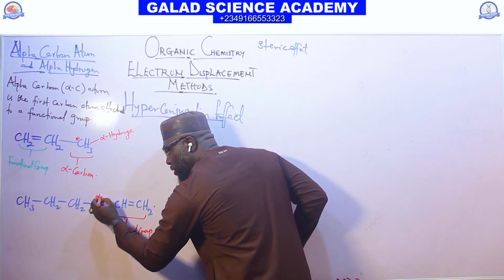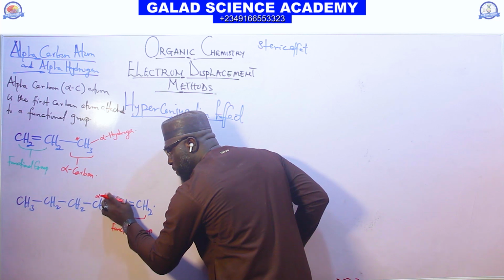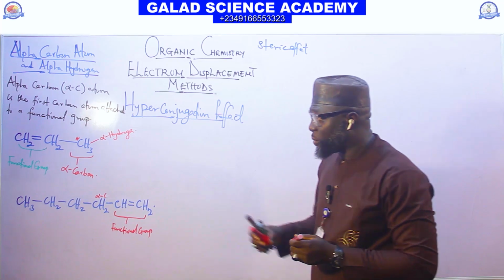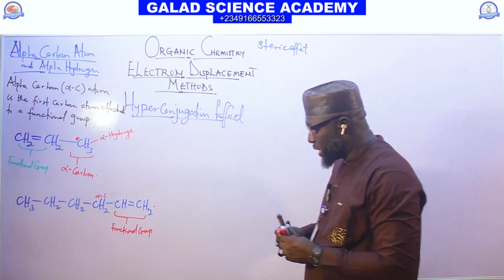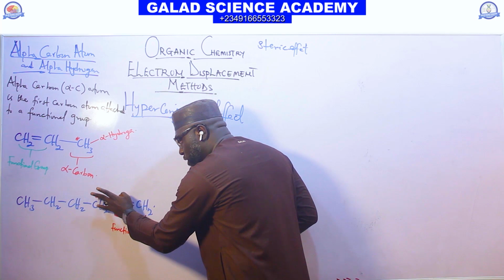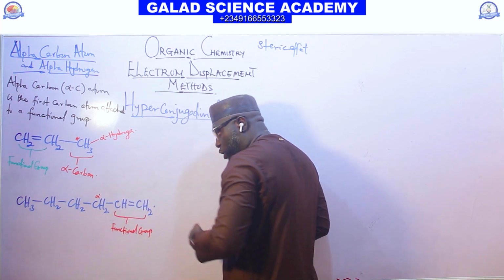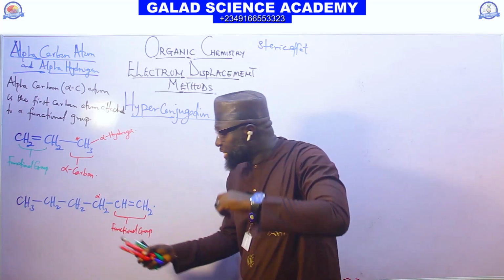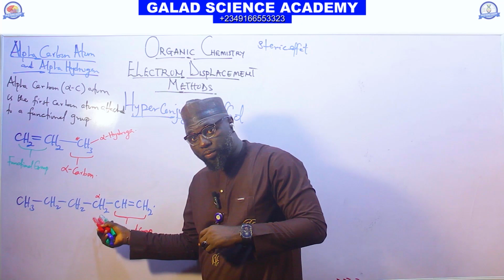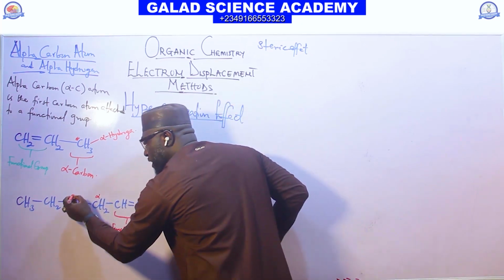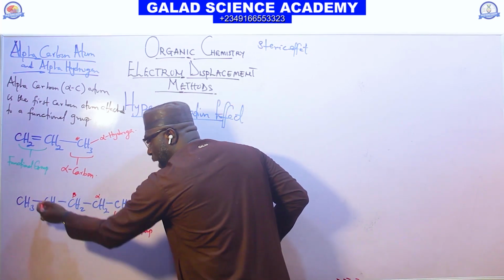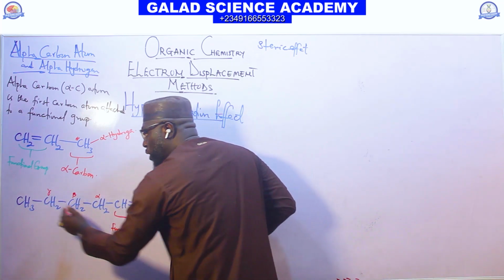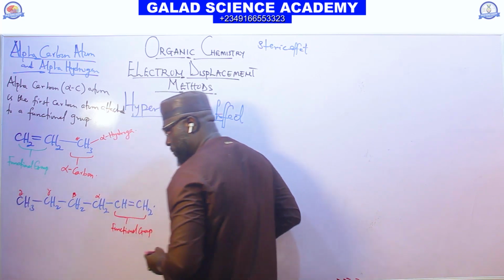This is alpha carbon. The carbon attached to the functional group is alpha carbon. But the second carbon attached to the functional group will be beta carbon. The third carbon attached to the functional group is called gamma carbon. The fourth one is called delta carbon.